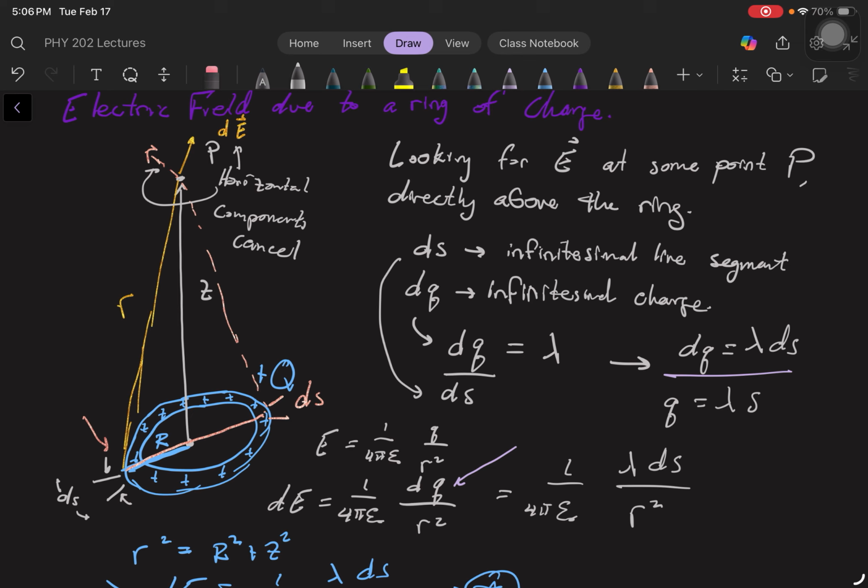And we're only left with some vertical component. Right, and so if we go around in the whole ring, that's going to be true anywhere.